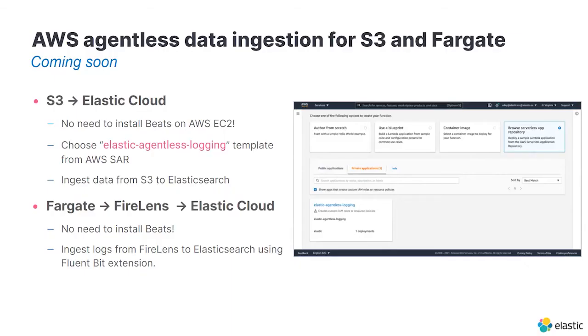Now, in terms of the demo that Suyog is going to cover today, he's going to show you the SAR integration. And before we get to the demo, just to give a high-level overview of how this integration works: for S3 to Elastic Cloud, there's no need to install Beats on AWS EC2, just choose the Elastic Agent logging template from AWS SAR and start ingesting logs and events from S3 to Elasticsearch.